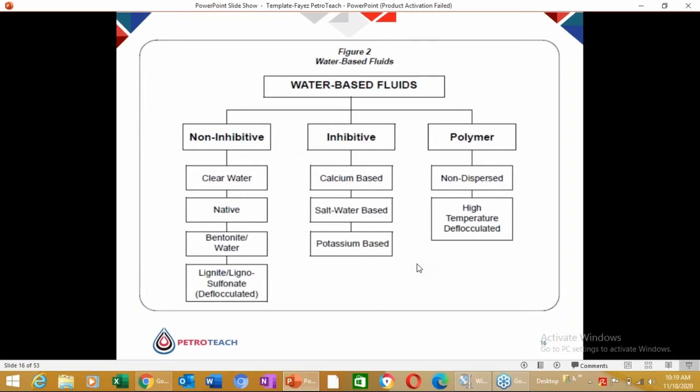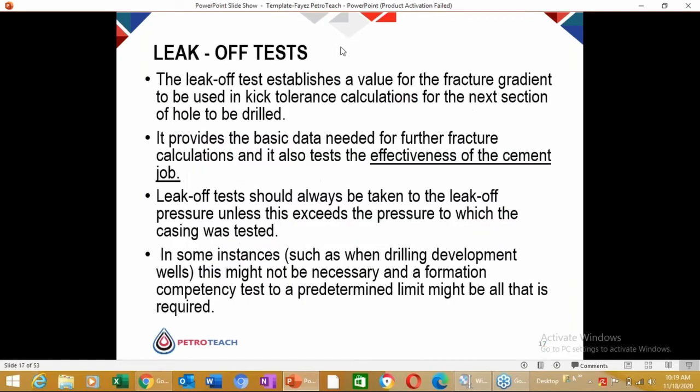We are going to talk about the leak-off test. This test should be applied after casing, in order to ensure there is a good seal between the casing and the formation.